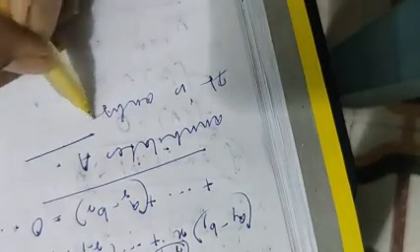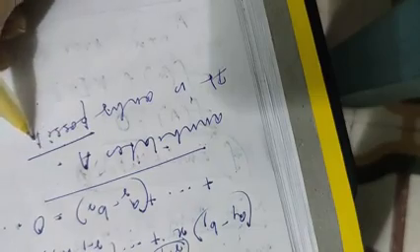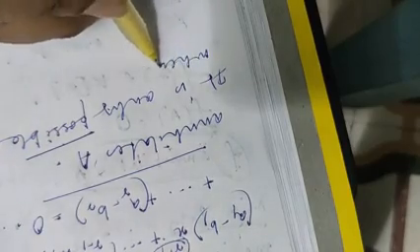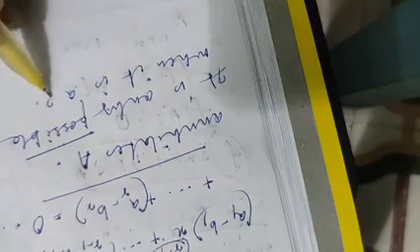It is only possible when it is a 0 polynomial. 0 polynomial means all the coefficients should be 0, that is a1 minus b1 equal to 0, ..., a_(r-1) minus b_(r-1) equals 0, a_r minus b_r equals 0, that is a1 equals b1, ..., a_r equals b_r, and so on.